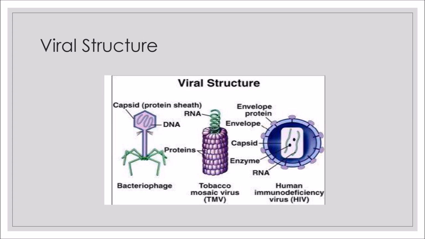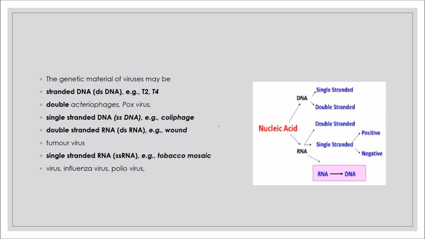Next, the genetic material of a virus may be of different types, which I'm going to explain now. Sometimes the genetic material is double-stranded DNA, called dsDNA. Examples are T2 and T4 bacteriophages and pox viruses. They have two strands like human beings.